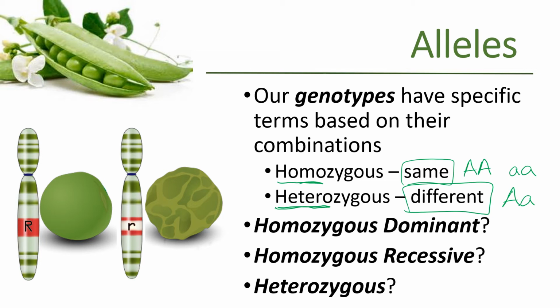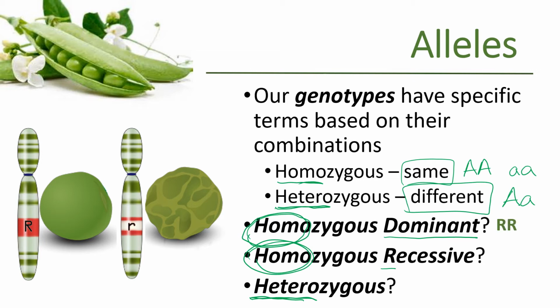If I'm homozygous dominant, I'm homozygous, so I'm going to have 2 of the same letters, and it's dominant, so it's going to be the capital letters. So this would be a case of big A, big A. Homozygous recessive means I'm going to have little a, little a, and hetero means different, so this would be my big A, little a scenario.